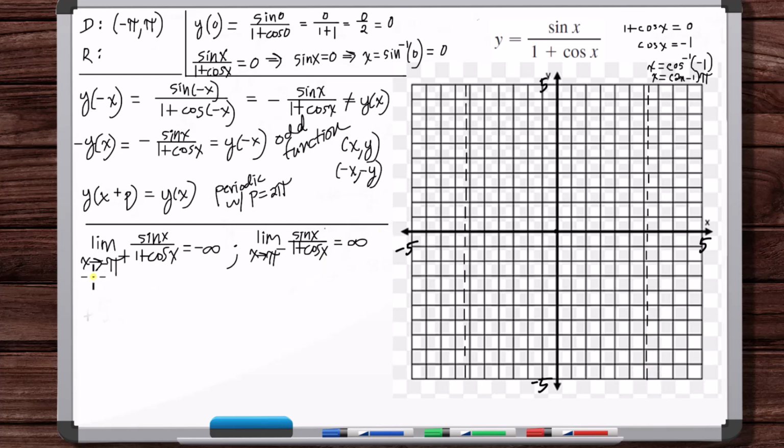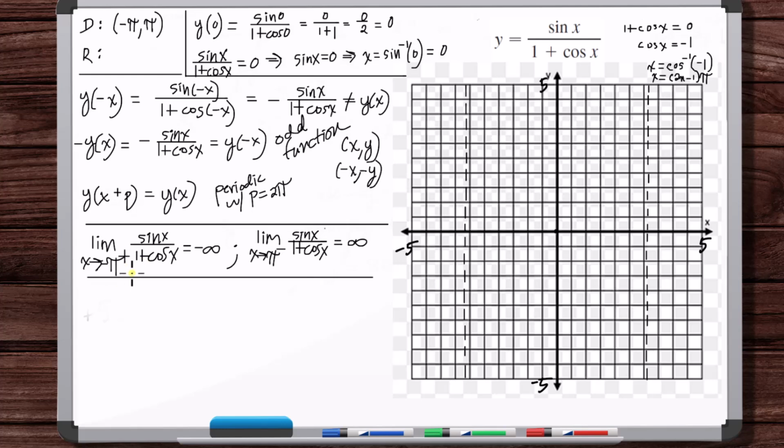There are the vertical asymptotes. And we're not drawing anything in these regions here. And why not? Because it's periodic. So if we wanted to draw it, we wouldn't have to do any of this analysis because it's periodic. It's just going to repeat. The pattern that we're going to draw inside here is just going to repeat.